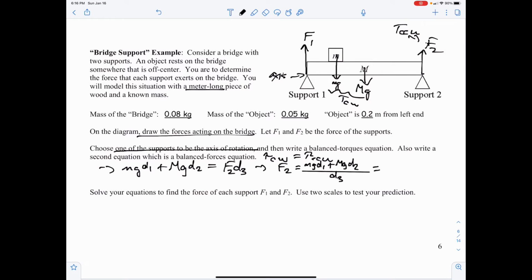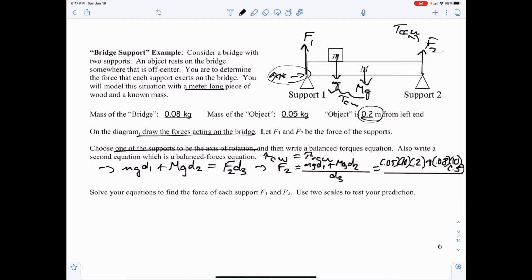Little m is the mass of the object, so that's 0.05 times 10 times 0.2 meters, since the object is 0.2 meters away from the left end, which is our axis of rotation, plus the entire bridge is 0.08 times 10, and the halfway point would be 0.5, the half a meter mark.